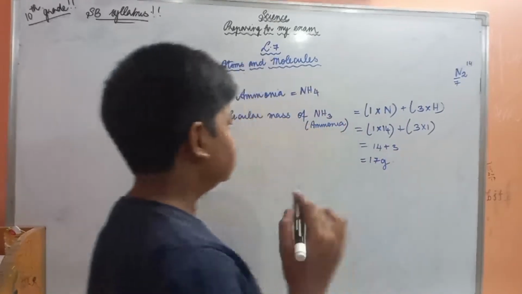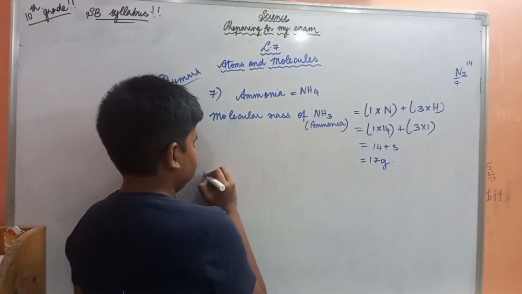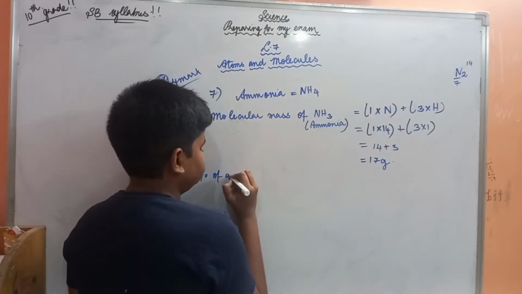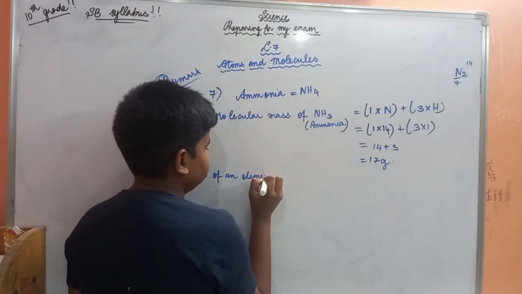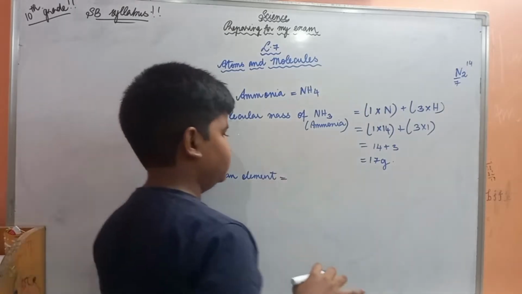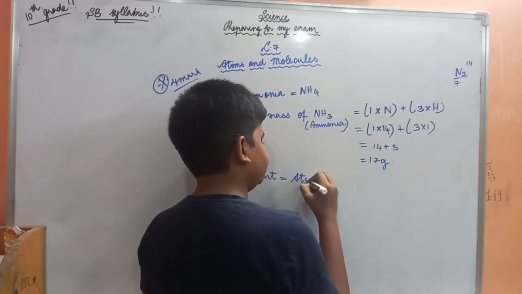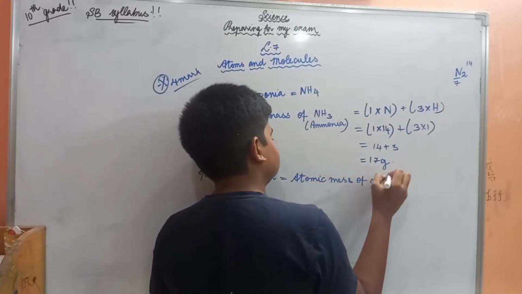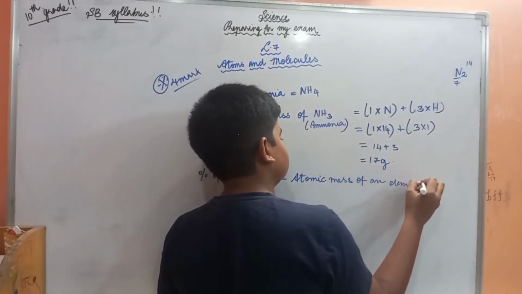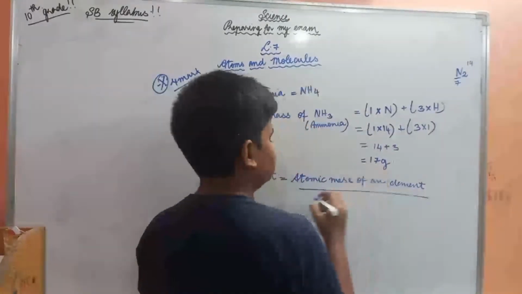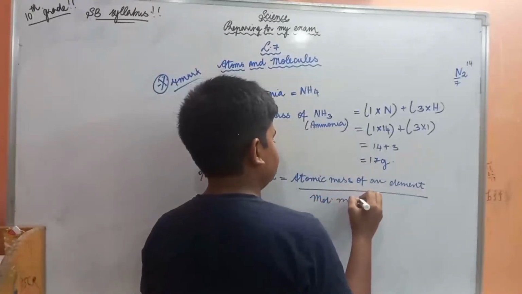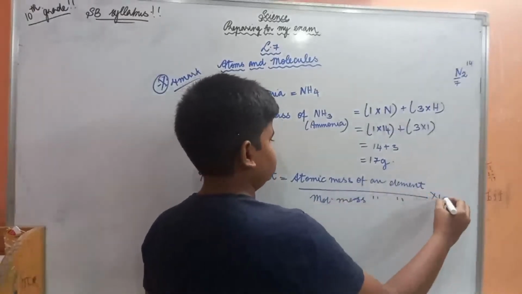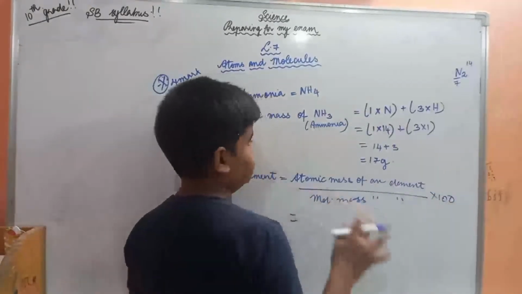To find the percentage of an element, we divide the atomic mass of the element by the molecular mass, times 100, because percentage means 1 by 100.